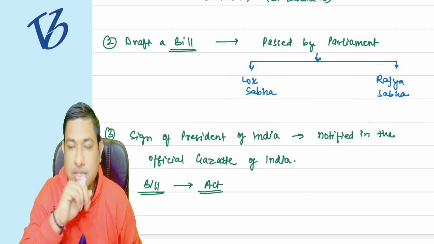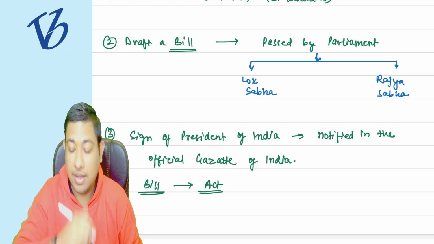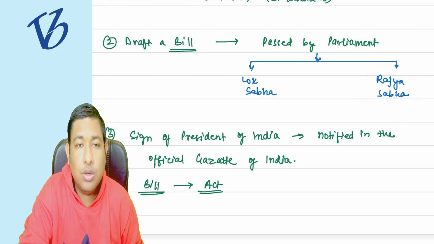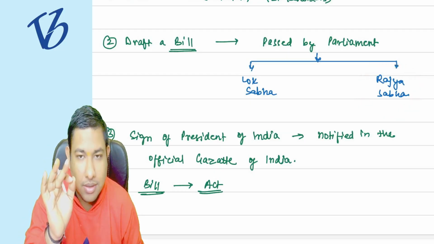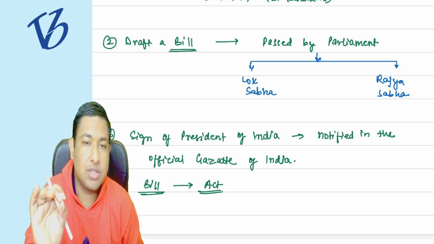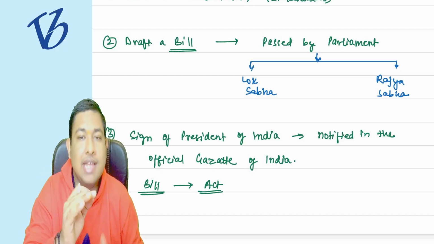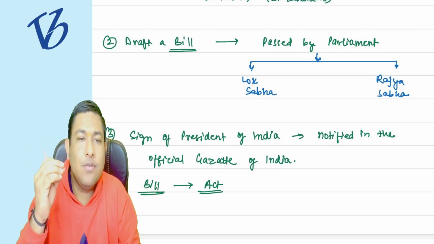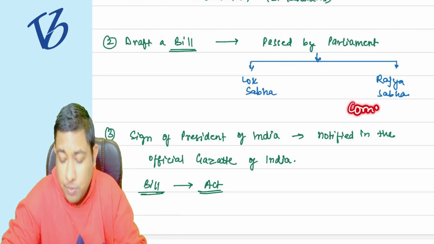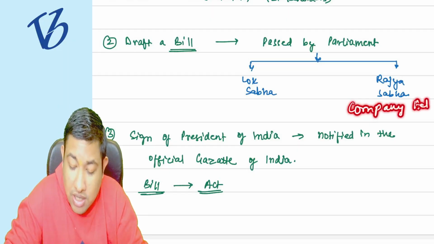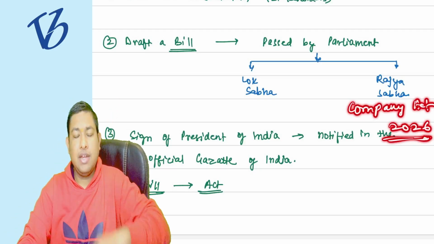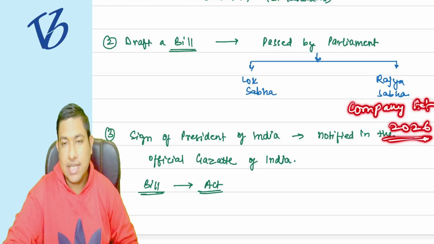What is the situation? See, understand very carefully what I am saying. If you want to go to the Rajya Sabha first, there should be a bill which is not impacting the general person or the general public of India as a whole. Suppose I want to make a new bill of the Companies Act, say Companies Act 2026.